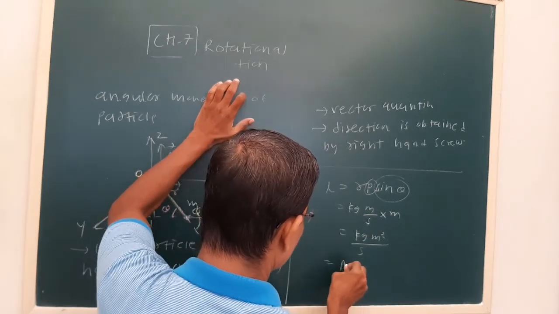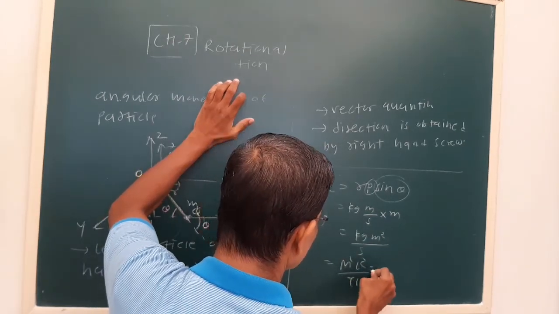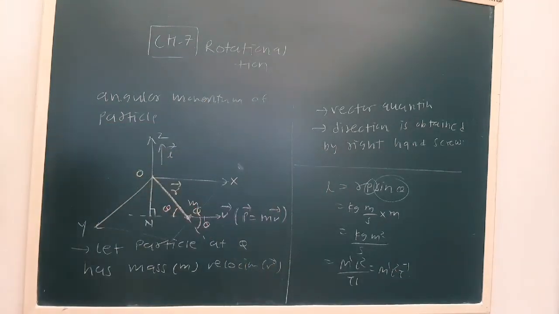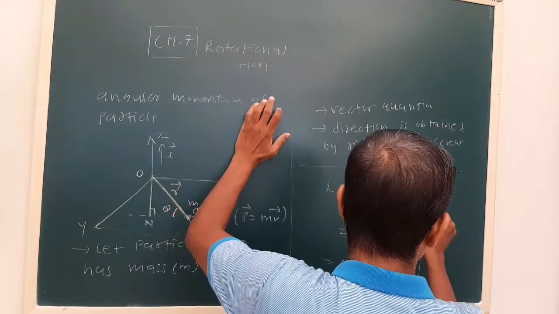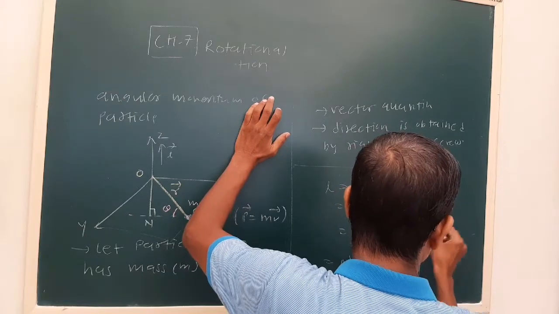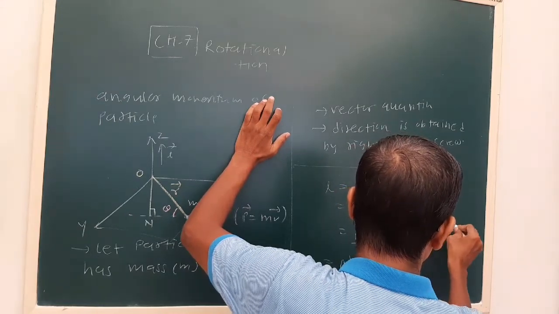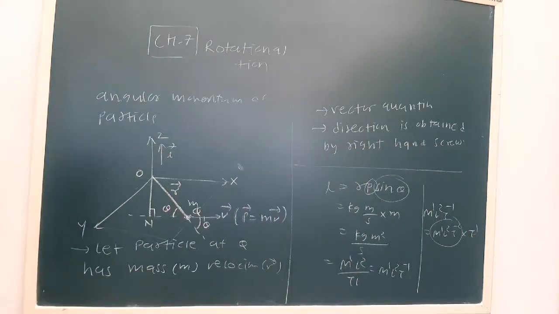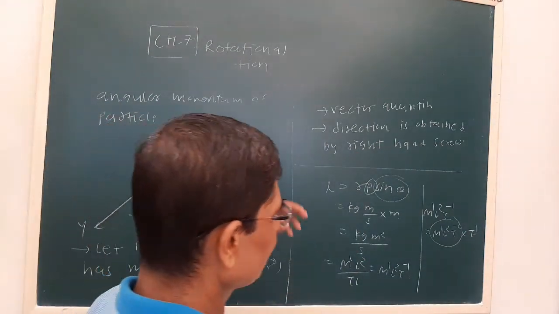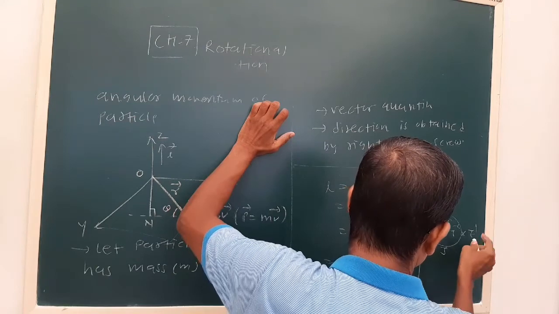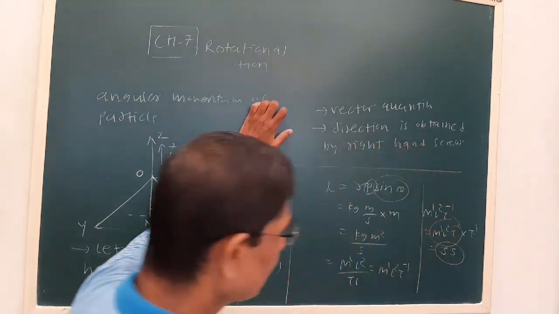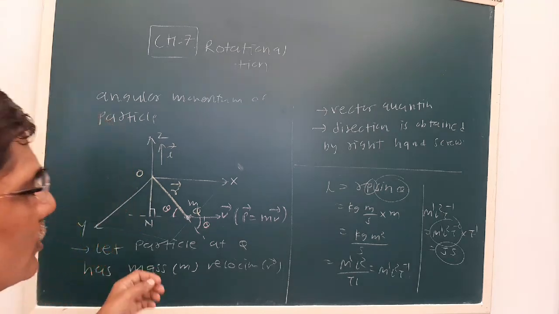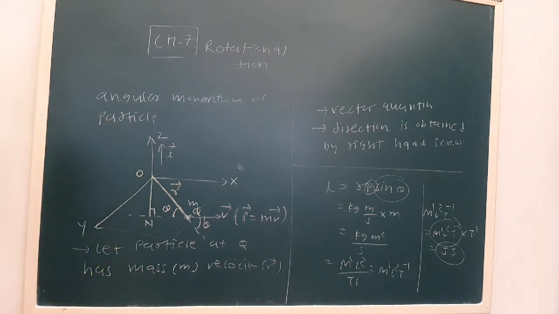The dimension is M1 L2 T minus 1, which is M1 L2 T minus 2 into T1. M1 L2 T minus 2 is the dimension of work or joule, and time is in second. So another unit of angular momentum is joule second. So this is about the angular momentum of a particle.